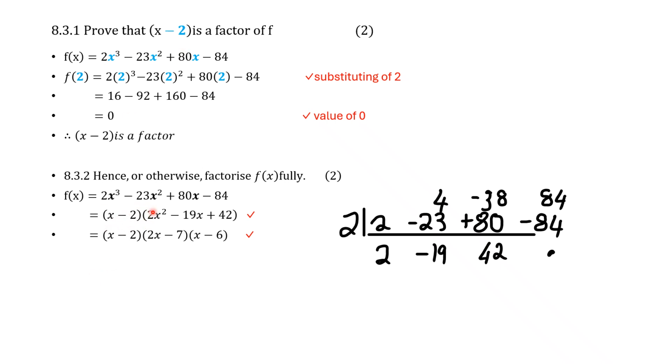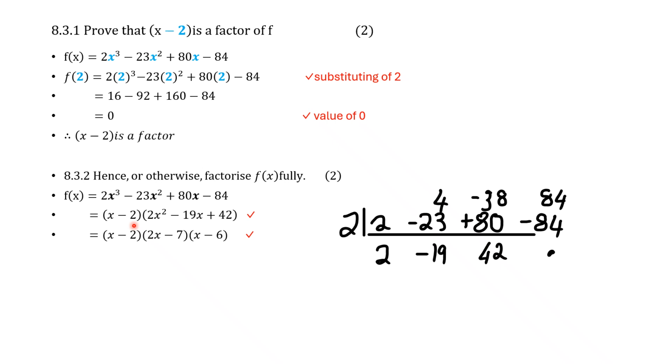So x times what would give me 2x cubed? x times 2x squared gives me 2x cubed. Negative 2 times what would give me negative 84? Negative 2 times positive 42 gives me negative 84. Then you see I have minus 23x squared.